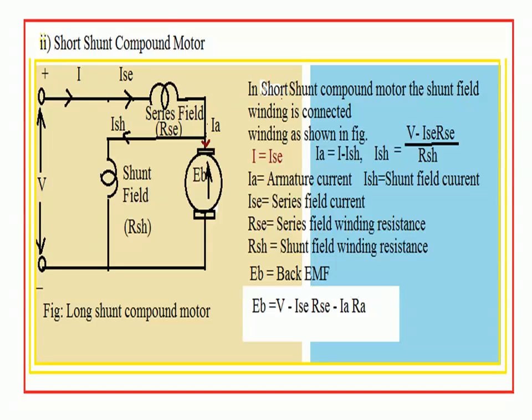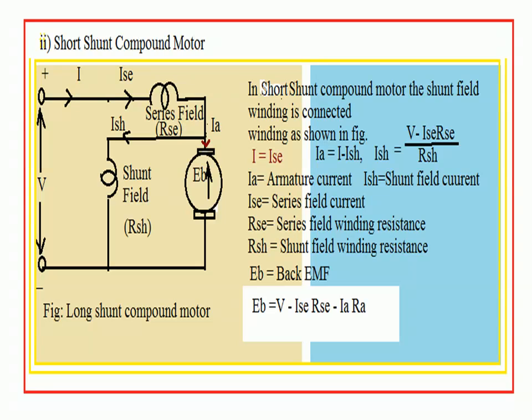In short shunt compound motor, as the name implies, the shunt field winding is directly connected across the armature, and then the series field winding is connected in series, as shown in figure. Now the total current I equal to series field current ISC, and armature current IA equal to I minus ISH.